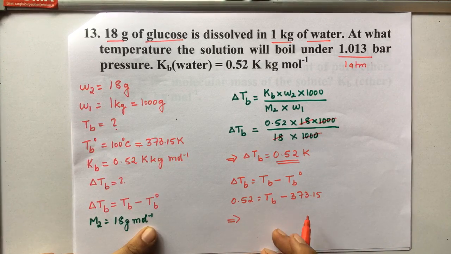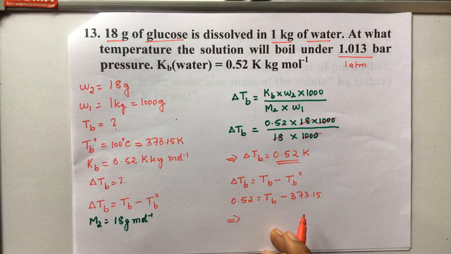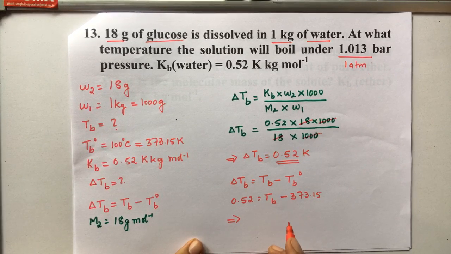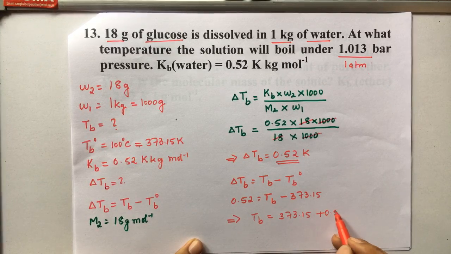Implies TB will be equal to 373.15 plus 0.52. So therefore you can calculate the value of TB, that will be equal to 373.202.